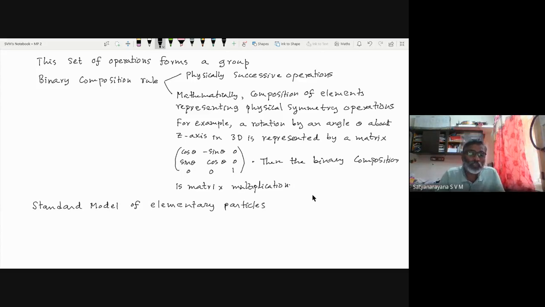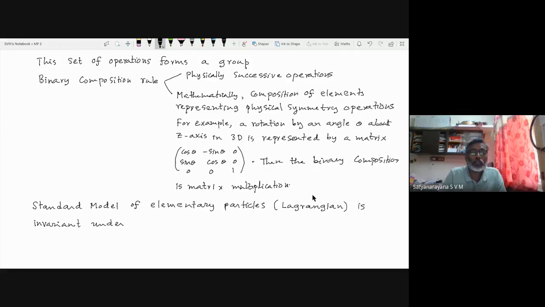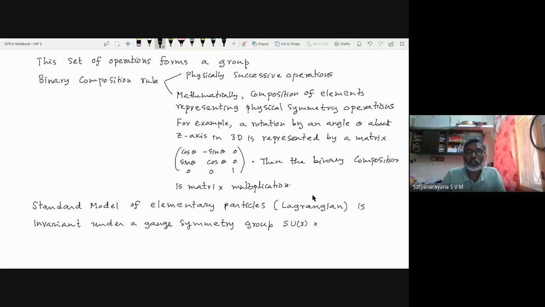Essentially, the Lagrangian corresponding to the standard model of elementary particles is invariant under a gauge symmetry group, which is called SU3 cross SU2 cross U1.